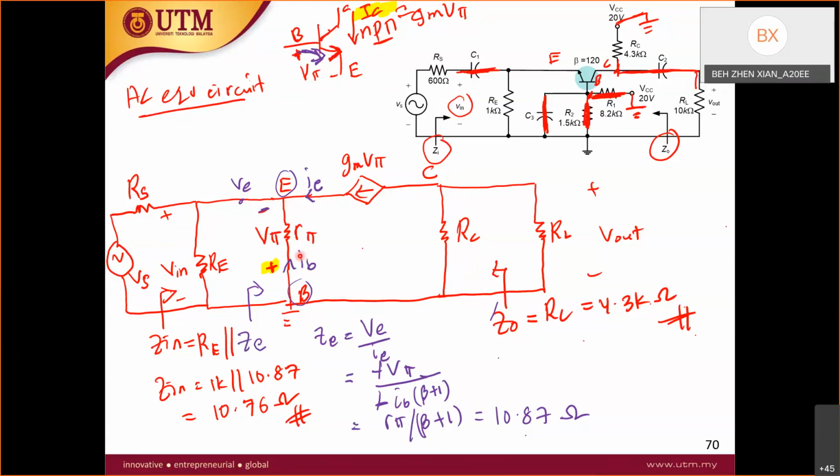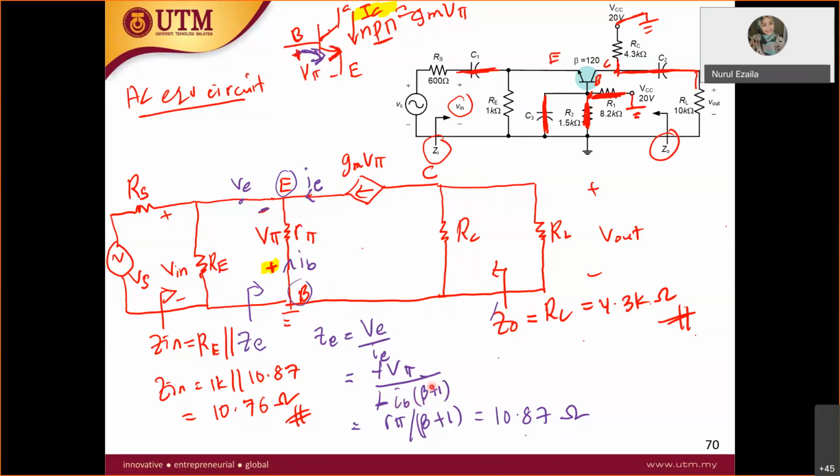Here I put it equal to negative IB beta plus 1.